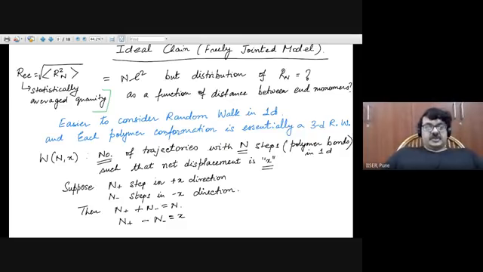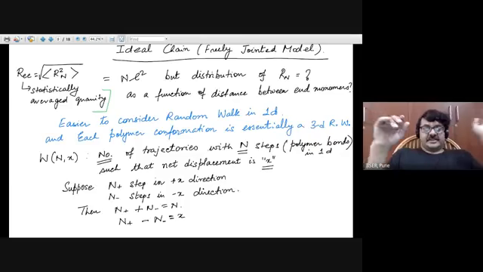So suppose, discussing a 1D random walk, you have n plus steps in the positive x direction and n minus steps in the minus x direction. Suppose plus x direction is to the right and minus x direction is to the left.